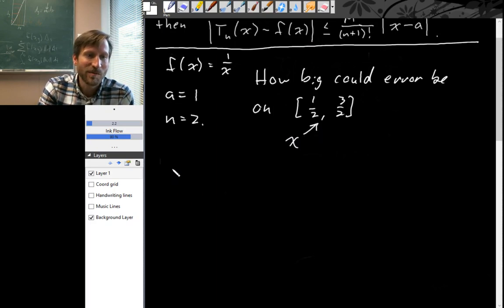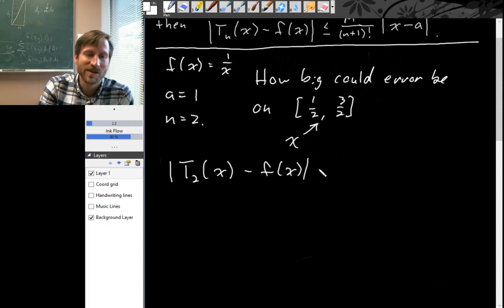So let's start by writing the Taylor error bound. N is 2. X we don't know this time, but it's in the interval. So let's write the second Taylor polynomial at x minus the function at x.